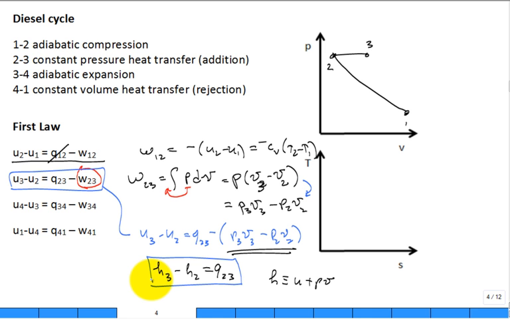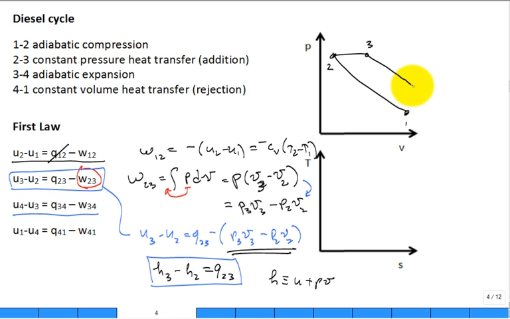Well, you just have to study it and understand why now, in the process from state 2 to 3, Q is not equal to a change in U like it was for the Otto cycle, but Q is equal to a change in H, the diesel cycle.